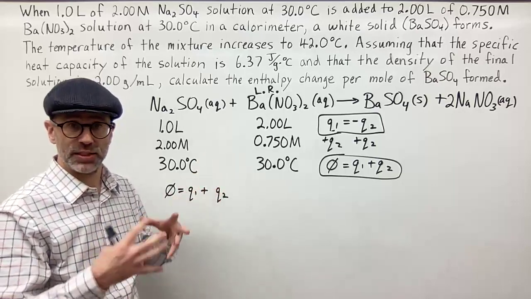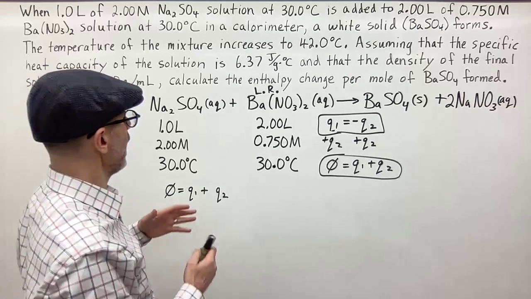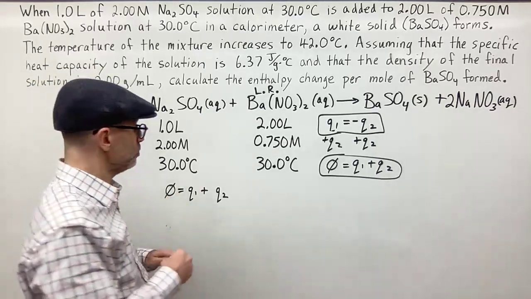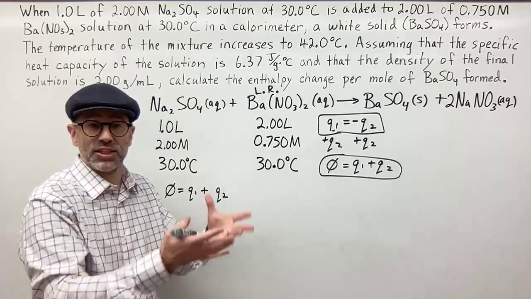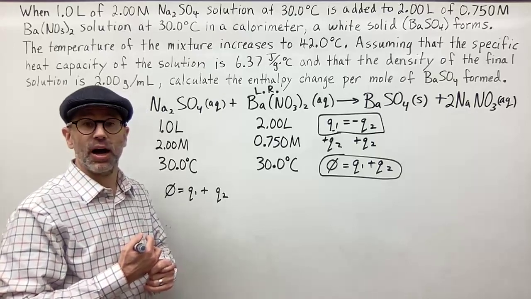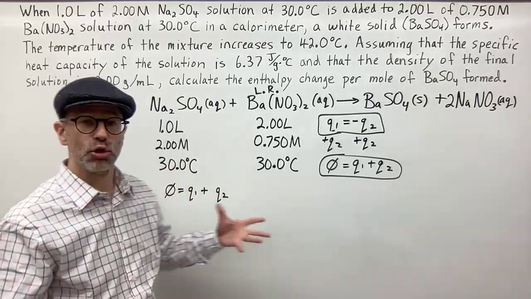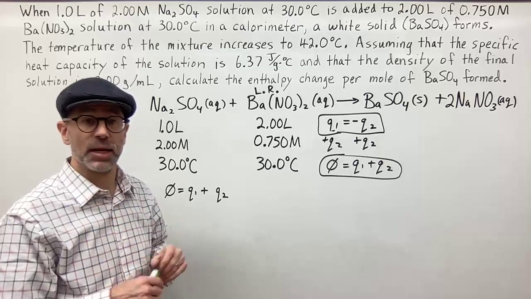This temperature is 42 degrees. And we have the reaction going on. The reaction is going to release heat. That's the enthalpy of the reaction, the heat that's being released. The solution is going to be absorbing that energy, and therefore goes up in temperature.